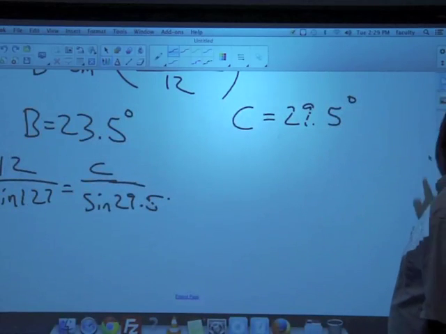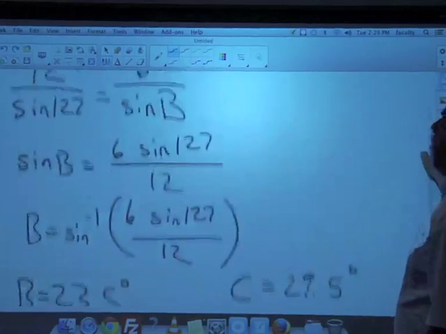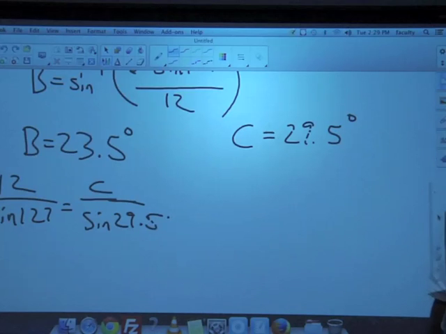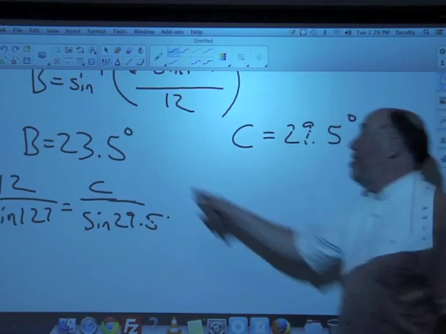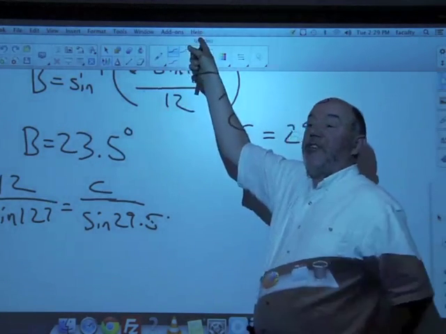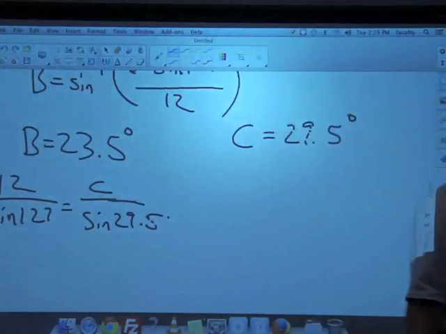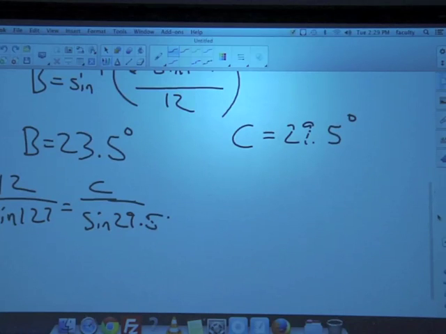And how do we get 29.5 again? Because 180 minus the other two, the 23.5 and the 127 I gave you to start with. Again, angle A plus angle B plus angle C has to equal 180 in a triangle.